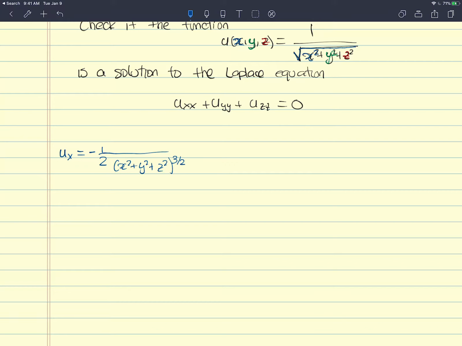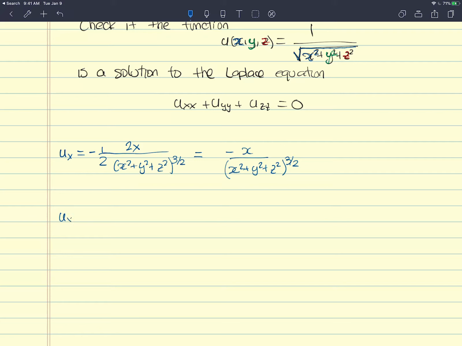And then there's a chain rule going on, so I need to multiply by the derivative of x squared, which is 2x in the top. So that's it. So negative 1/2 times this to the negative 3/2 times the 2x. Now I can cancel the 2, and this really just is negative x divided by x squared plus y squared plus z squared to the 3/2 in the denominator. Okay, now that's easy.